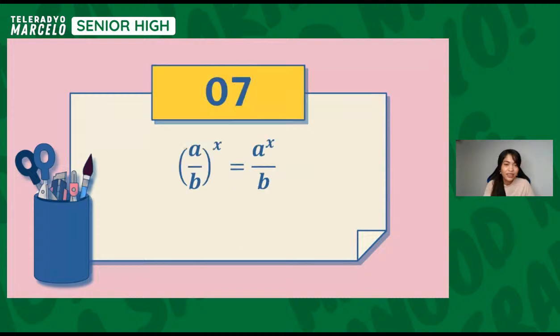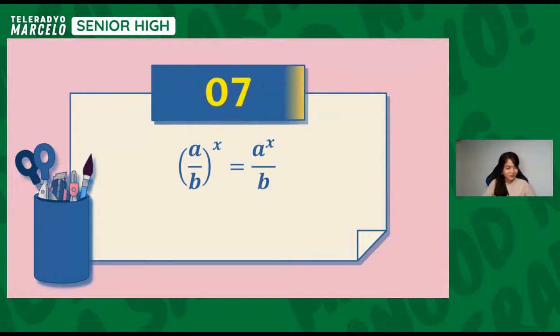Okay, so next one. We have here a over b raised to x equals a raised to x over b. Is this true or false? You have another 5 seconds. Okay, what will be the answer for number 7? This one is false.